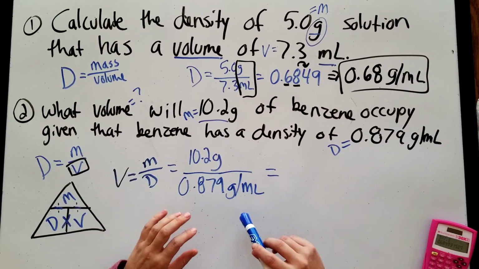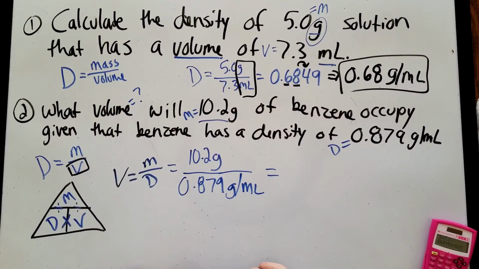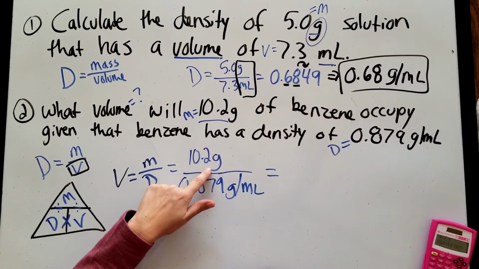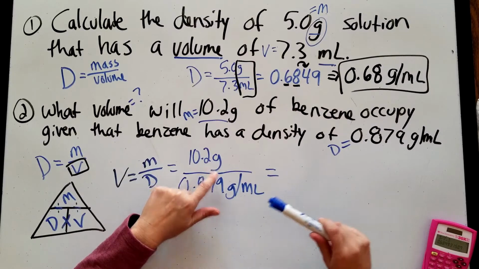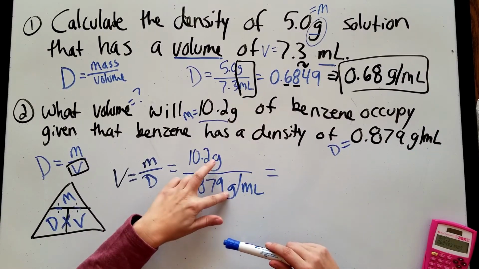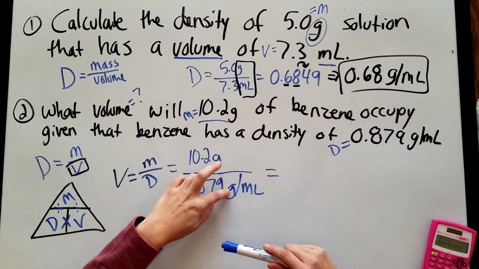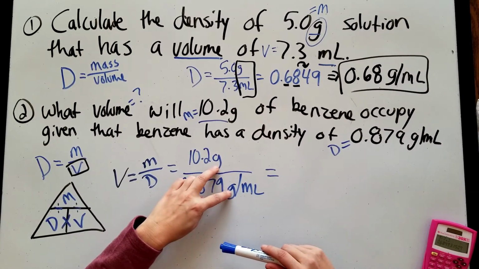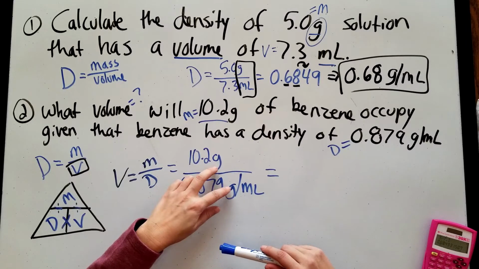Now, another thing when you're doing this, make sure that your units are matching. So what I mean by that is I had grams for my mass. My density was grams per mL, grams. So if one of these were in kilograms instead, I would have to do a conversion before I could plug them in.